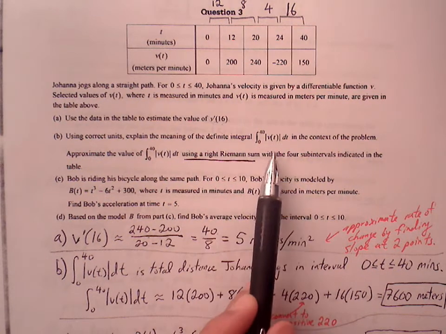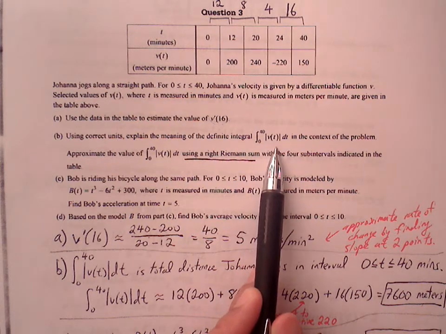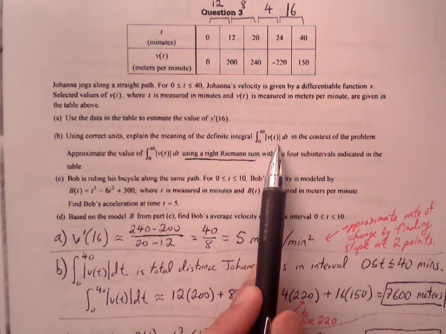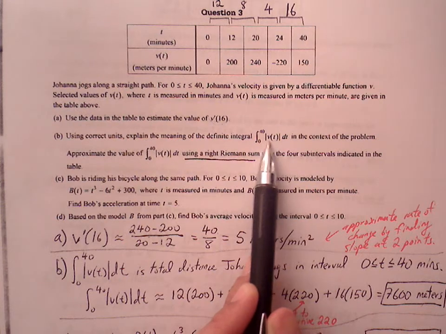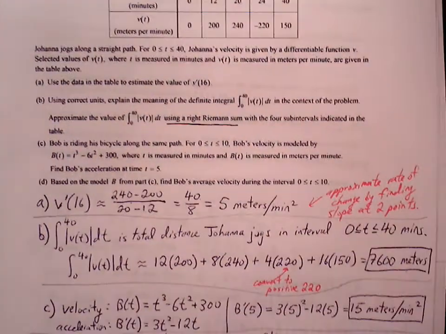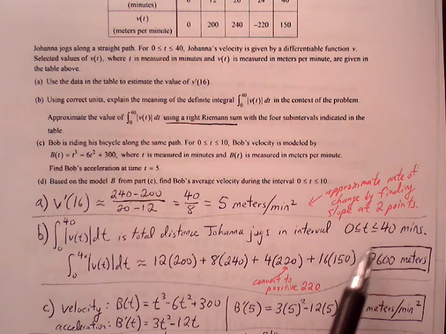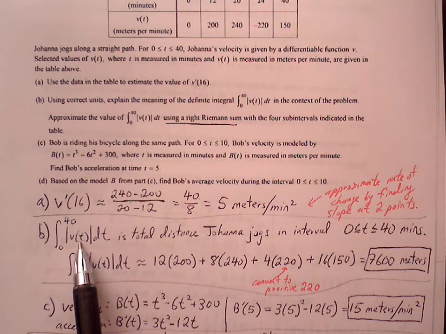So we know that the definite integral from 0 to 40 of velocity is just displacement, but the integral from 0 to 40 of the absolute value of v of t is going to be the total distance. That means even if Joanna is jogging backwards, we're going to count that as a positive distance. Okay, so the total distance that Joanna jogs in the time interval from 0 to 40 is what is represented in this expression.